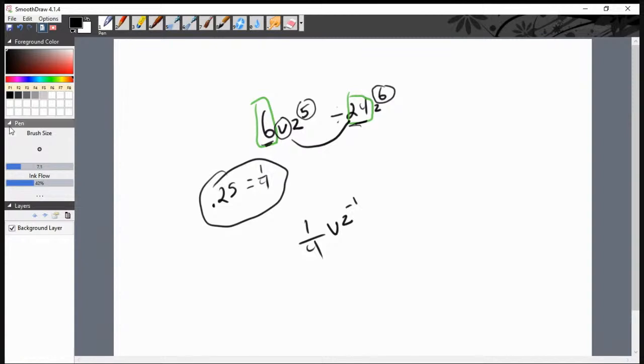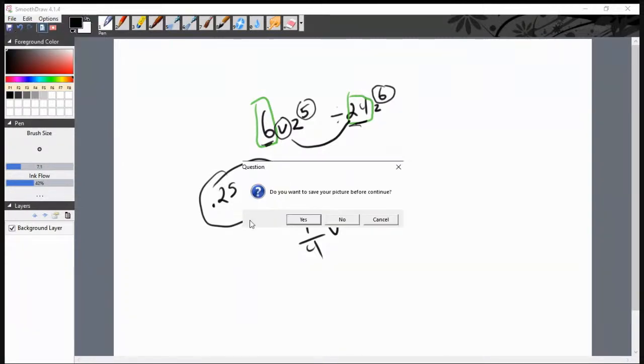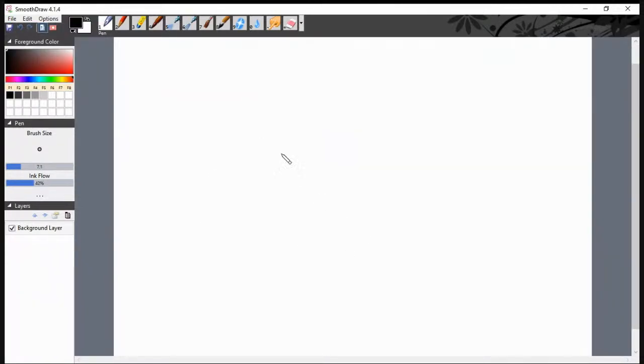Okay, let's look at one more. Number 38, which would be 14 PQ to the third power over 4Q.